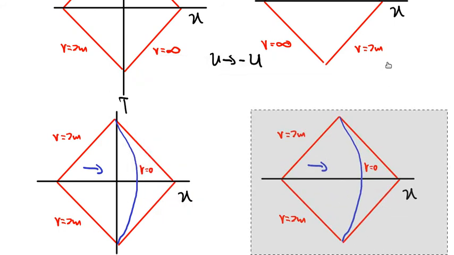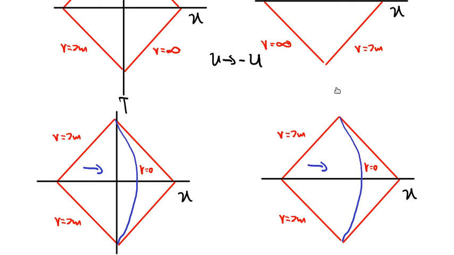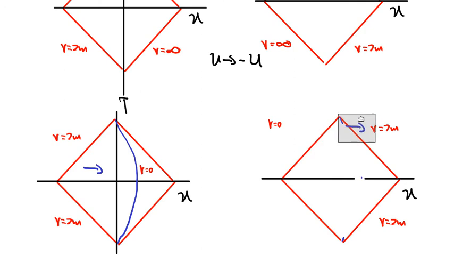Now the time orientation does change, and I have to redraw the r equals 0 set.